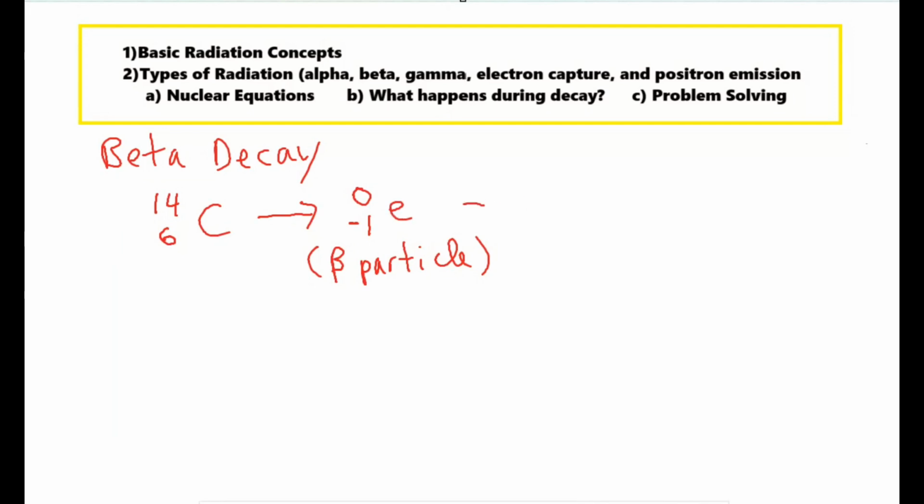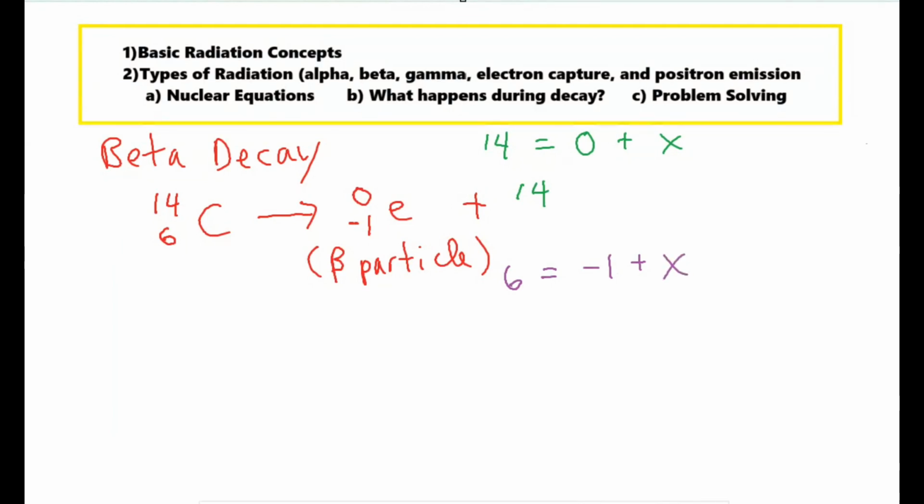Now, just like for the other one, we have to do a tiny bit of math across the top and the bottom. Pretty easy for this one because it's 14 equals 0 plus x across the top. So we know that the mass still remains 14. And then across the bottom, we have 6 equal to -1 plus x.